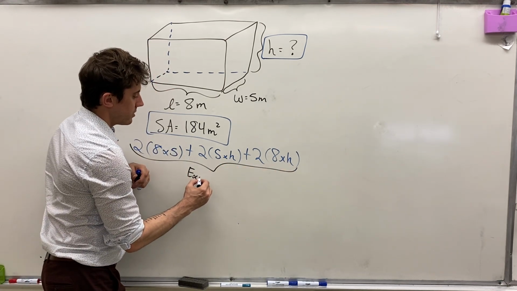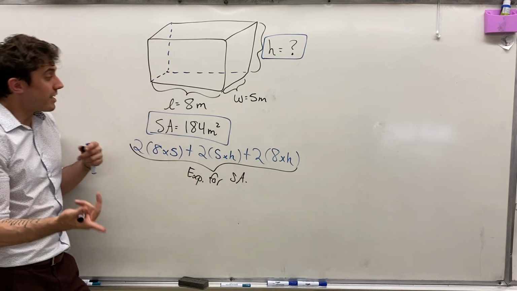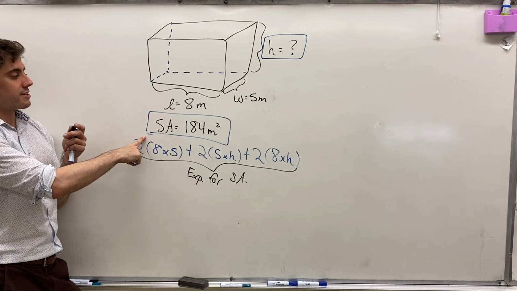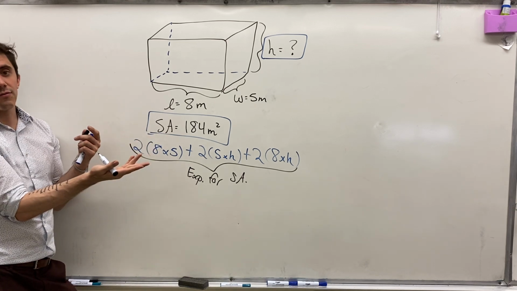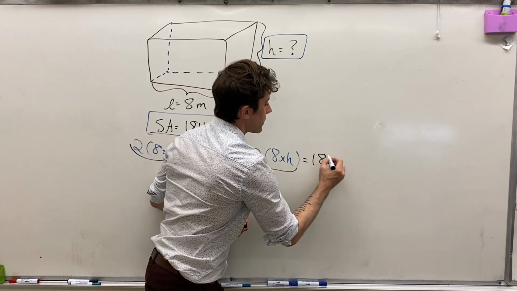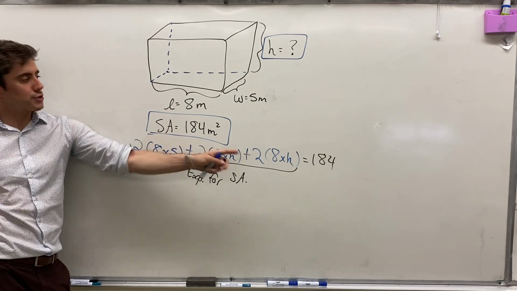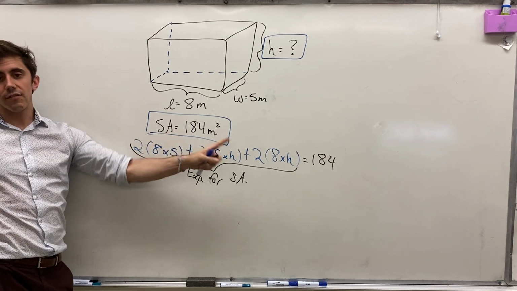And we actually know what the surface area turns out to be. It's equal to 184 square meters. And so we actually get an equation out of this, okay? All this has to be equal to the actual surface area that we're given of 184.